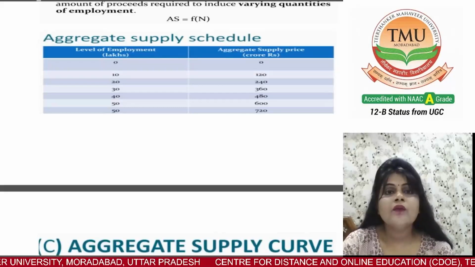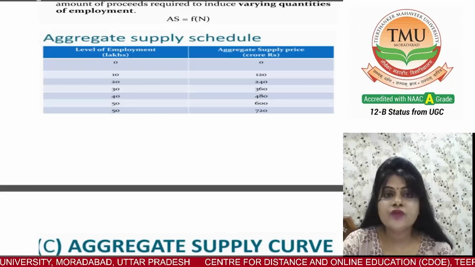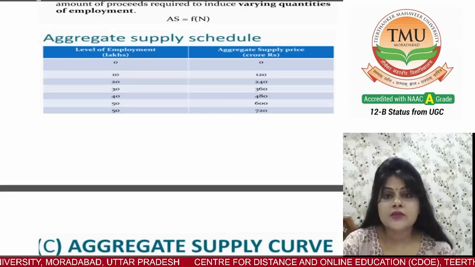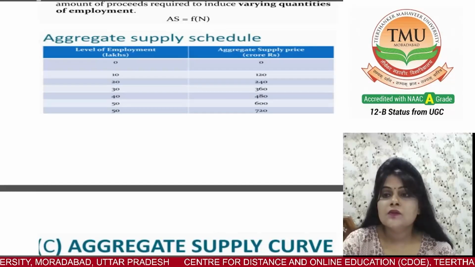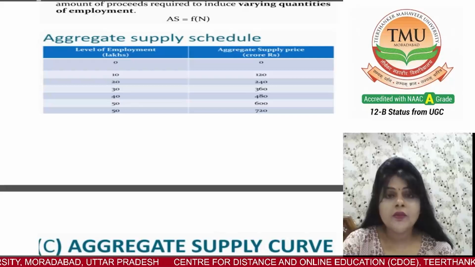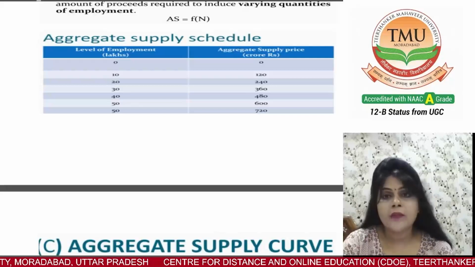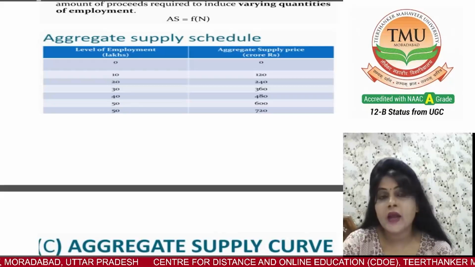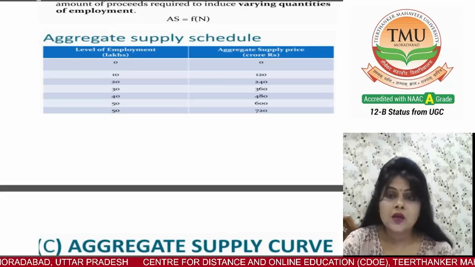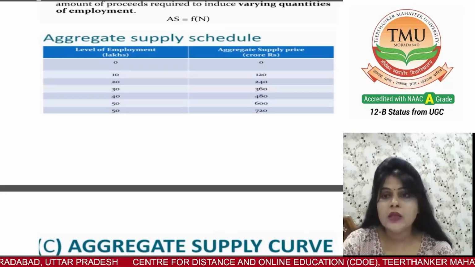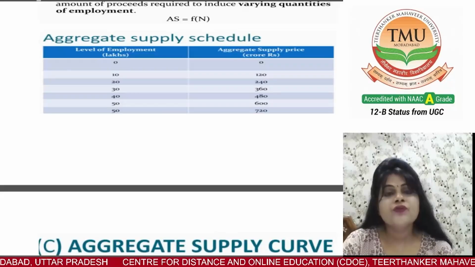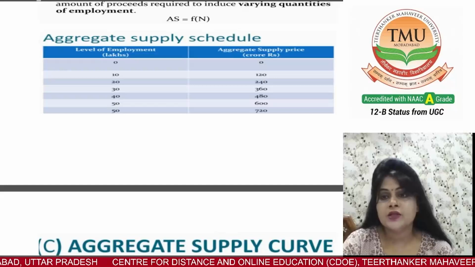At 50, the level of employment cannot be increased further, because 50 is the full employment condition.